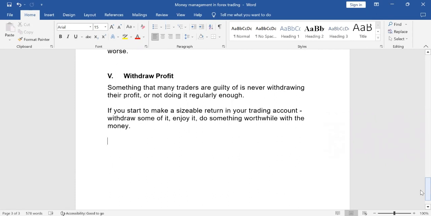Many traders are guilty of never withdrawing their profits, or not even doing it regularly enough. If you start to make a sizable return in your trading, withdraw some of it, enjoy it, do something worthwhile with the money.